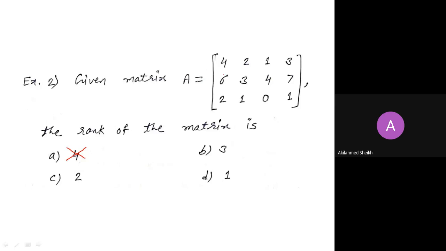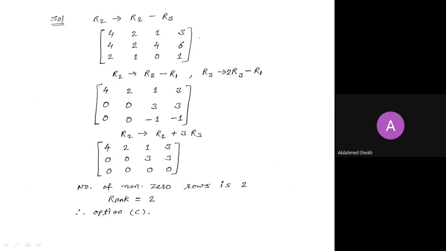So we use R2 minus R3. With this operation we get these elements in the second row. Now here we have to make this element 0. Our aim is to make this element 0, and second, to make this element 0.